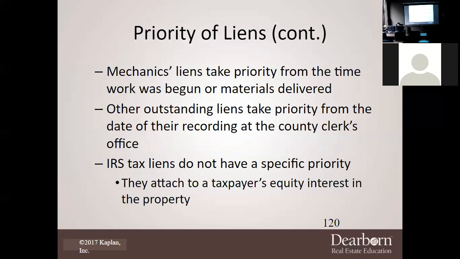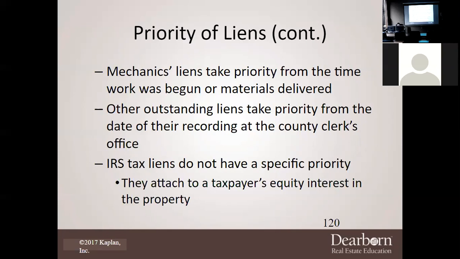So even if the work has not been finished, the mechanics lien already takes priority. Other outstanding liens take priority from the date of their reporting at the county clerk's office. So at the moment that you file your document, it takes priority at the time of that particular filing.